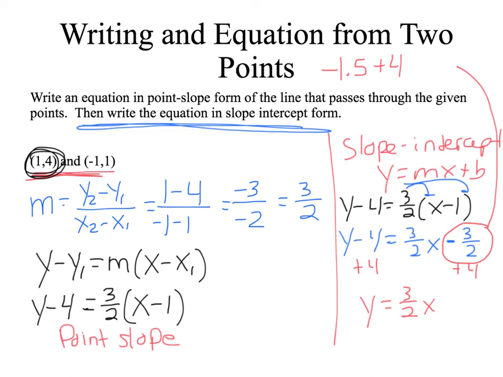Negative 1.5 plus 4 would be 2.5. And then if I want to write 2.5 back as a fraction, 2.5 is 2 1/2. I could write it as 2 1/2 or 5 over 2, but I'm just going to write plus 2 1/2. So the slope is still the same. The slope is still 3 over 2, but the y-intercept for this graph would be 2 1/2.